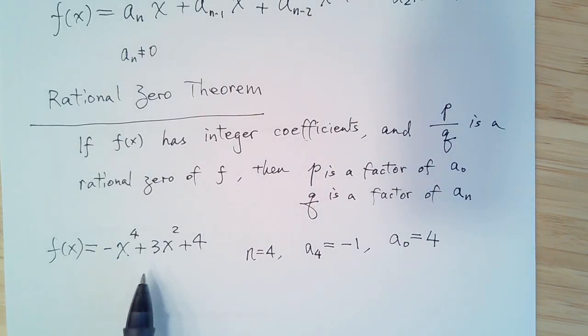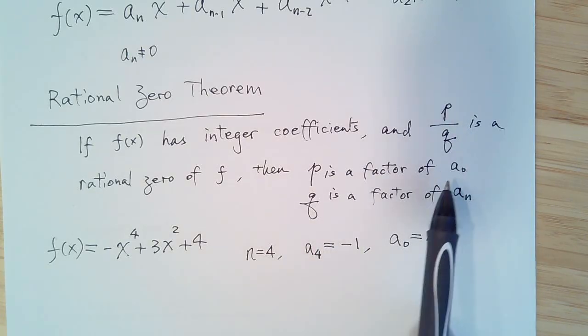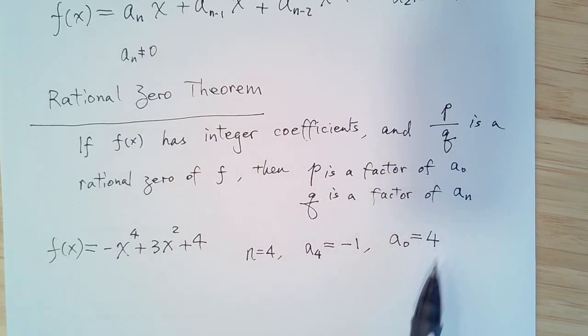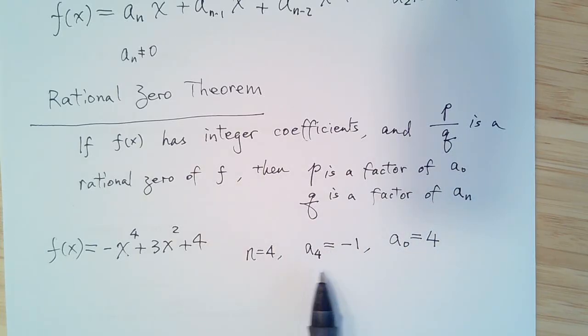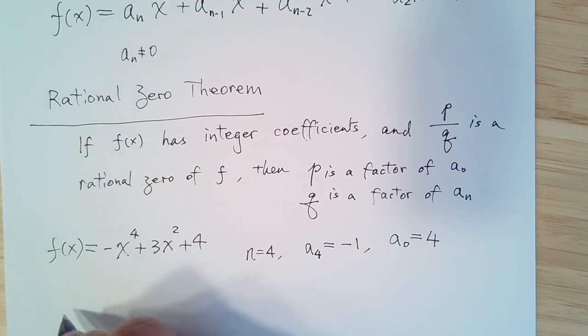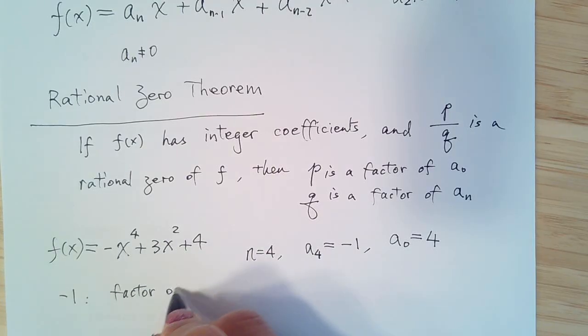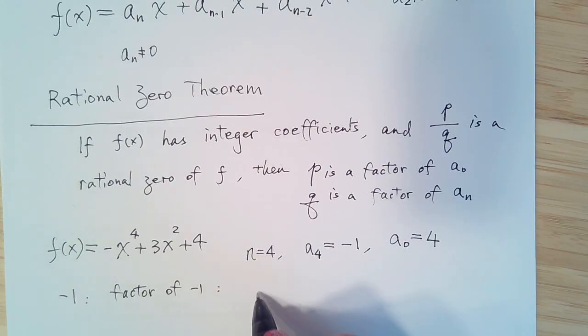If this function has a rational zero, it must look like p over q, and p should be a factor of 4, and q should be a factor of negative 1. So what are the factors of negative 1? They are either 1 or negative 1, isn't it?